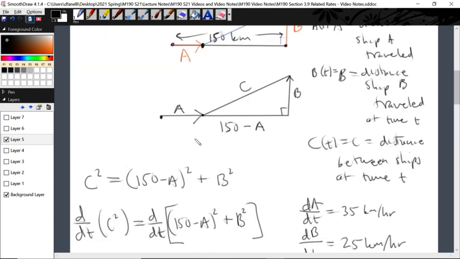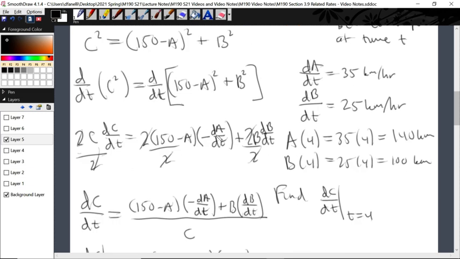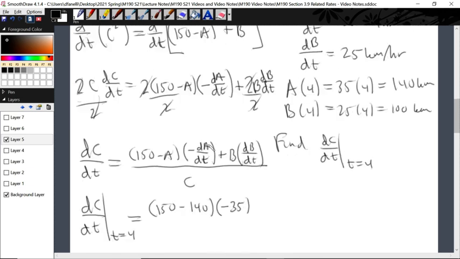It's saying that the length of this leg of the triangle is decreasing as time progresses because of the direction of travel of ship A, which is taken care of by a well-constructed diagram here with the arrows, and is confirmed by taking the derivative correctly here as well. The derivative of this had to be negative. Plus B at 4 was 100 kilometers times dB/dt.